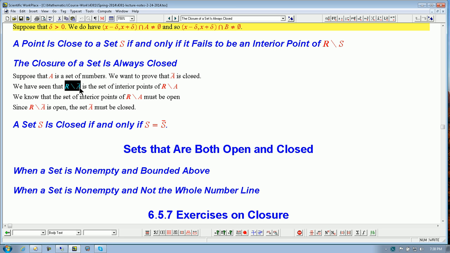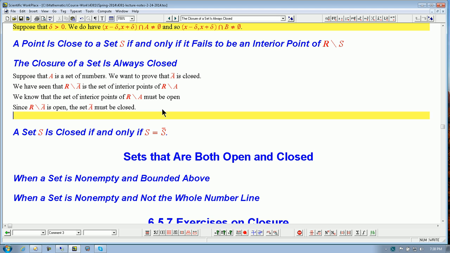Therefore, this set must be open. Therefore, A bar must be closed. The text also shows a direct proof, not using the fact, not going back to interior points. You can look at it if you like, or use this one if you like. But I do have a direct proof explaining why, if A is any set, then A bar is closed.